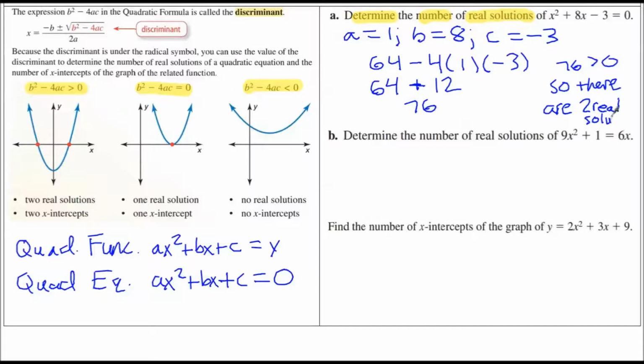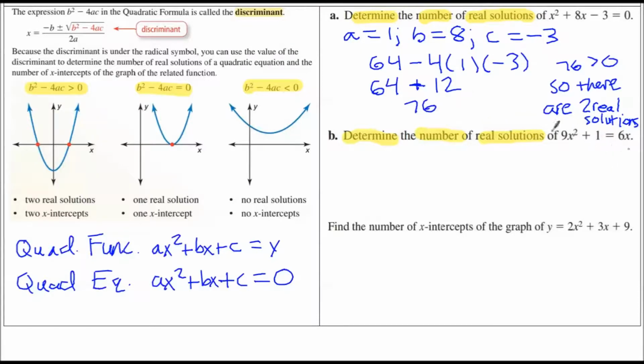Okay, now the next one. You're probably like, I already get it, I'm just going to go into the homework now. Well, I'm going to keep on going for you. Determine the number of real solutions of 9x squared plus 1 equals 6x. Well, look at that.